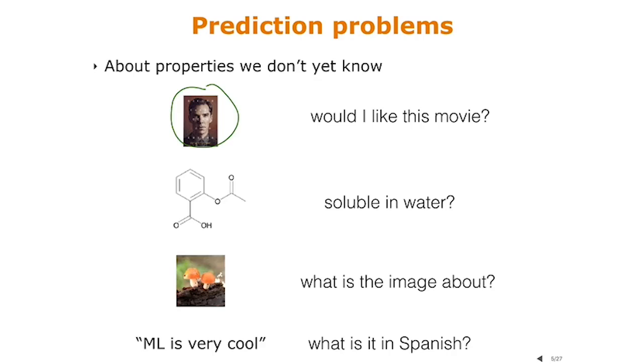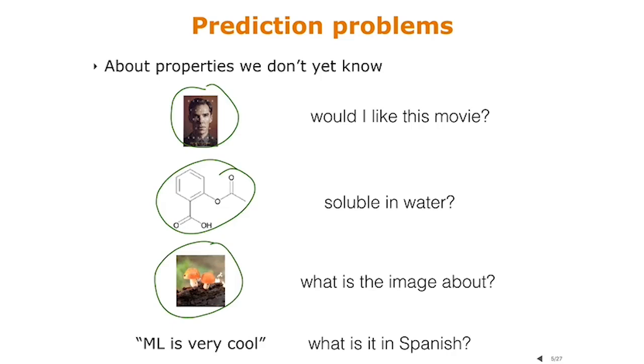I can ask about molecules, whether a molecule is soluble in water or another substance. It is a property that I can learn to predict. I can learn to predict properties about images. What is the content in the image? A category that should be associated with the image, that it's about mushrooms.